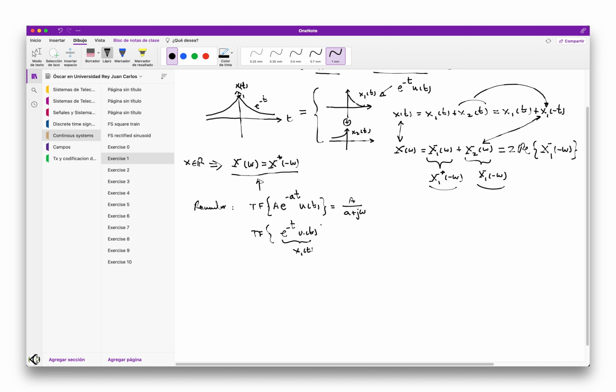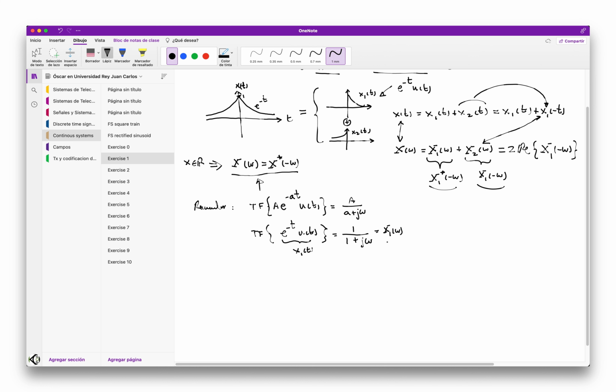Okay, so with this formula what we get is 1 divided by 1 plus j omega. Look, we have the Fourier transform of x1 of t, which is X1 of omega, which is this. So we are almost there. Why?